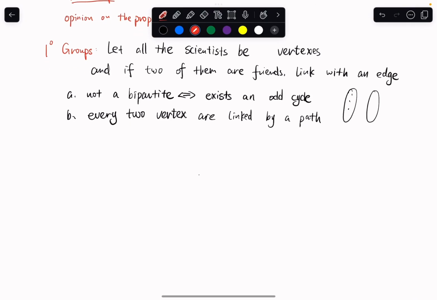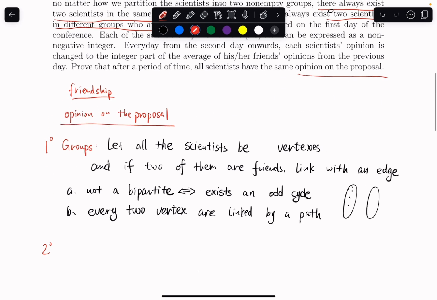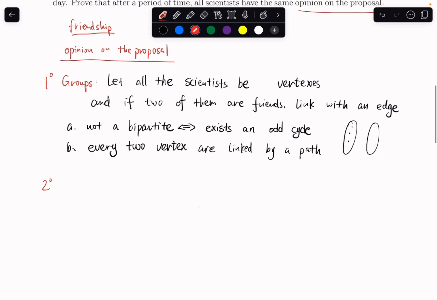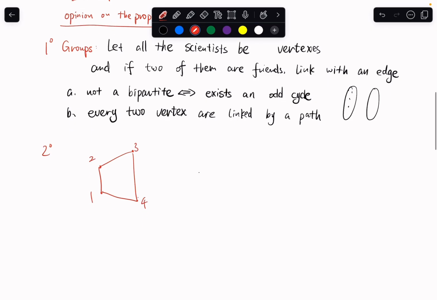And let's consider the second one, the opinions on the proposal. If we have a small example, like 2, 3, 4, 1, then it changes: 3 plus 1 equals 4, and the average is 2, and for this one, 3 plus 1 is also 2.